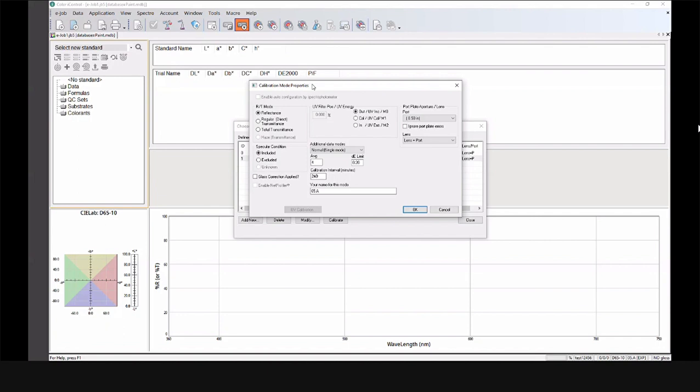The second, third, and fourth options are haze. If we want to do haze measurement, then we should select the haze measurement option. It will not only give you the haze measurement, it will give you the colorimetric value as well.